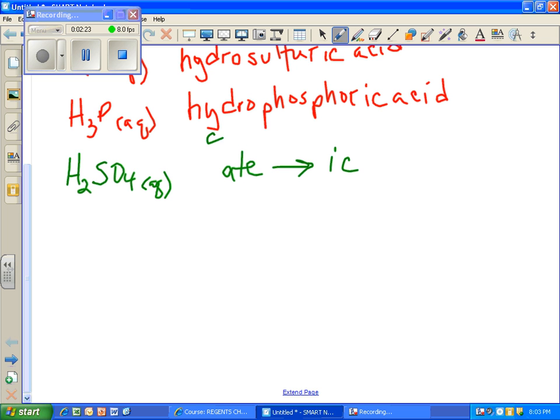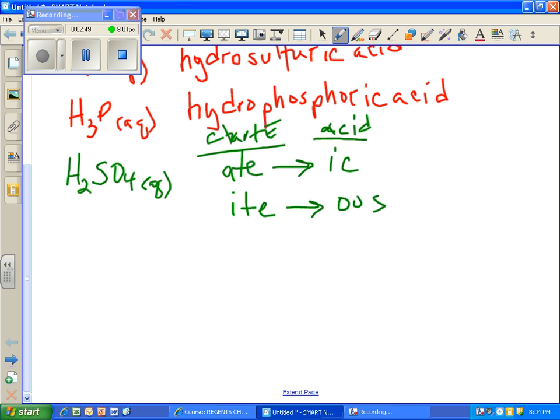If the ion on chart E ended in ITE, that means the acid would end in us. Ic-ate, us-ite. Some people remember it as I got sick when I ate it.